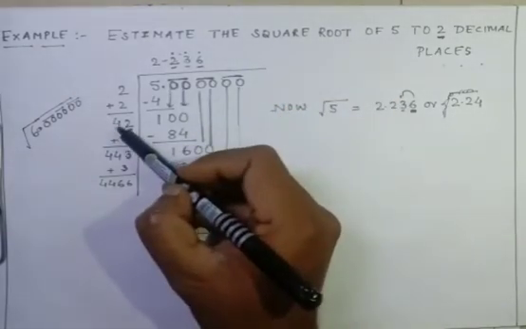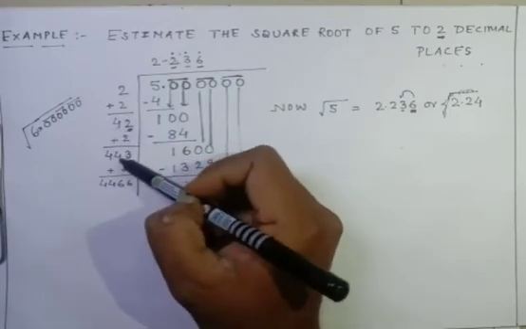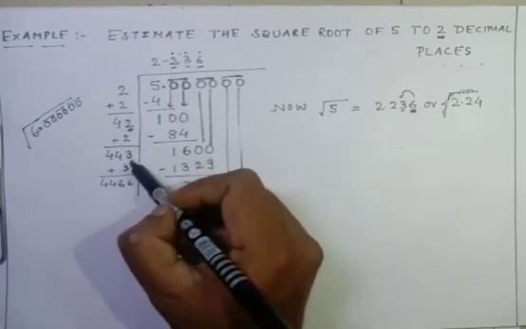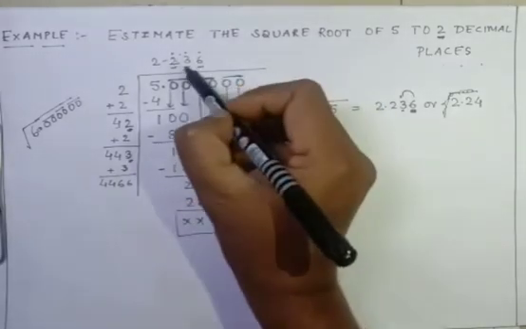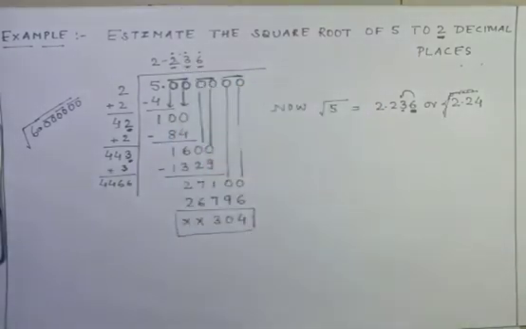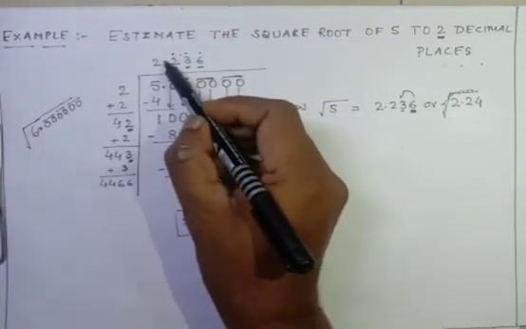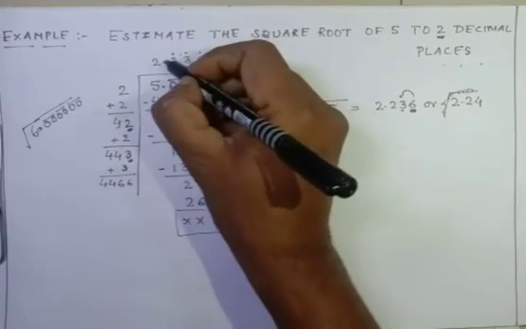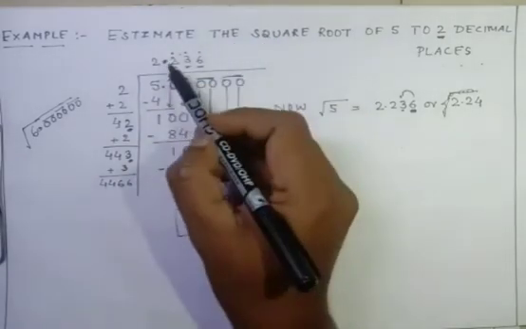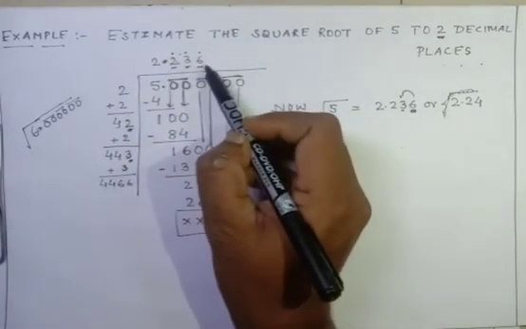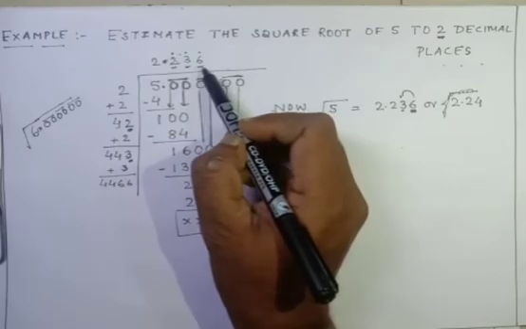Now the same method, 42 plus 2 is equal to 44. Again I am going to choose the same number in the place of divisor as well as in the place of quotient. Now after this number you have to place a decimal over here. Then only you can continue with the rest of the calculation.